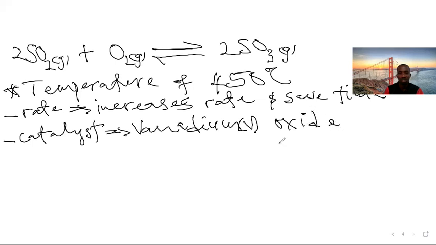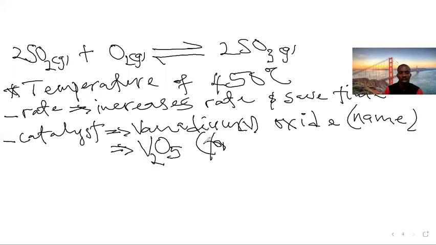So please, this is the name of the compound of the catalyst, and the formula is V2O5. Please don't get it twisted. When IGCSE asks you what's the name, please learn to write the name. Don't mix it up with the formula. If they say write the formula, please write this.